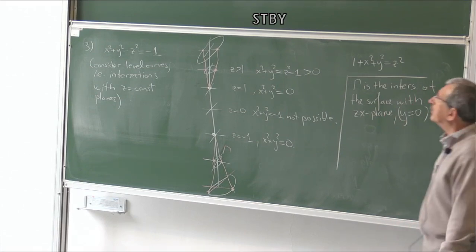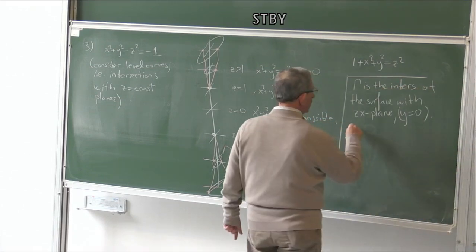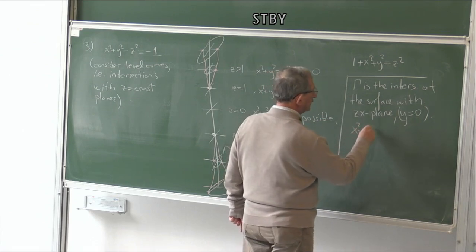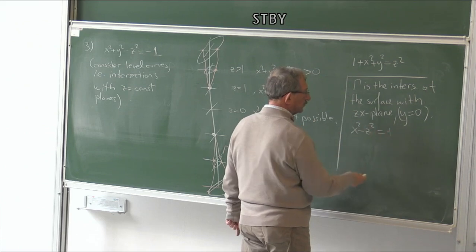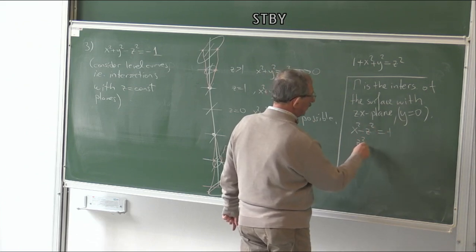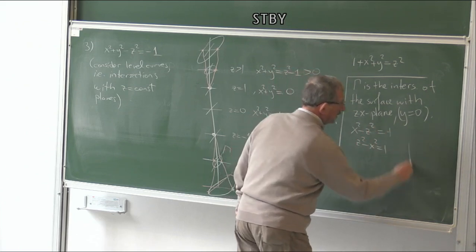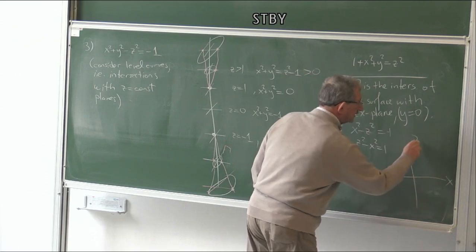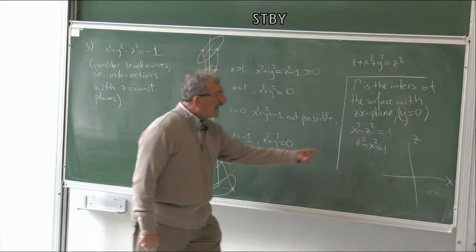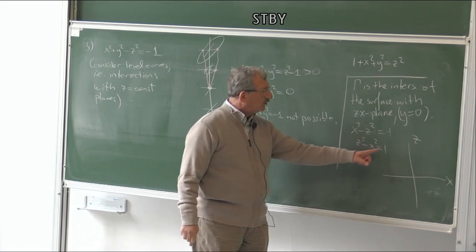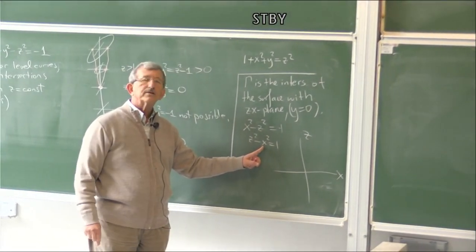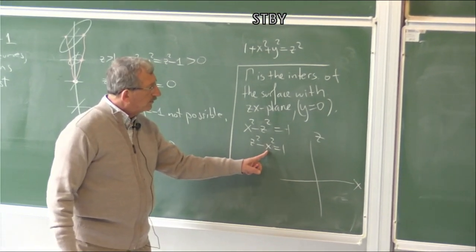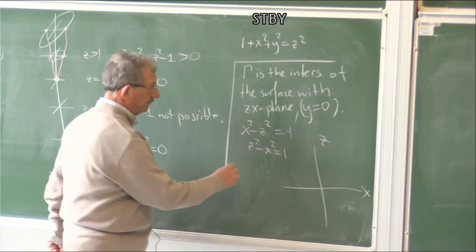So the equation becomes, when y is 0, x squared minus z squared is minus 1, or z squared minus x squared is 1. Now, this is x, this is z, and the z values cannot be smaller than 1 in absolute value because z squared is 1 plus x squared. So this is a hyperbola.